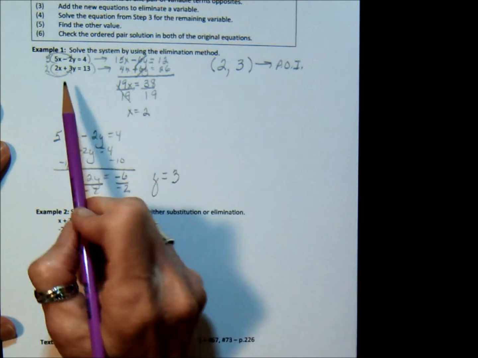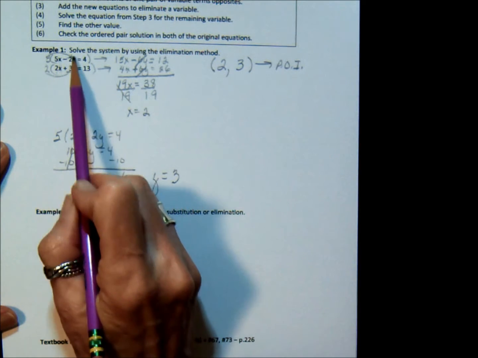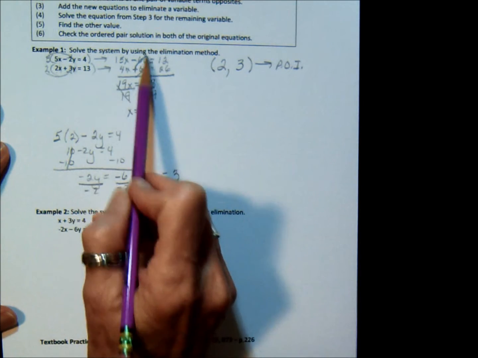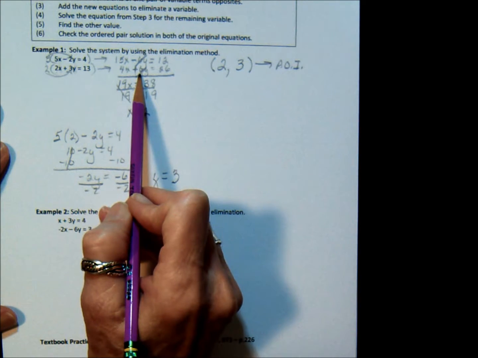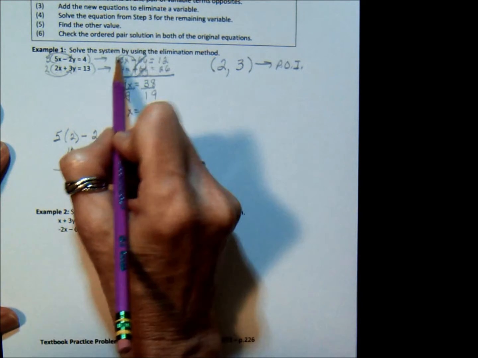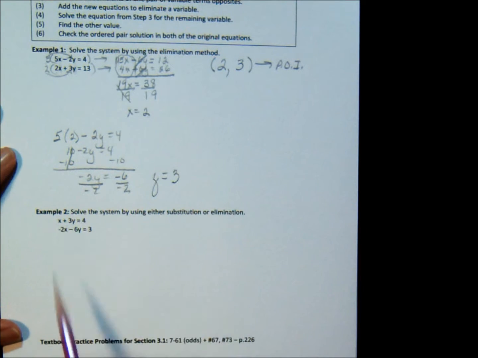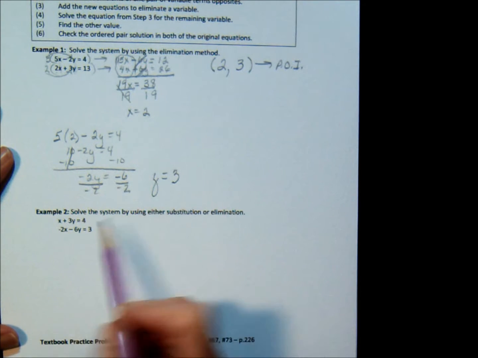So again, your goal is to get the coefficient of either the x's or the y's to be the same number but opposite sign, so they will cancel each other out, making a 0, and then you can solve for the other variable. So let's look at example 2. We're going to do the same thing here, but this one's a little odd in what happens.